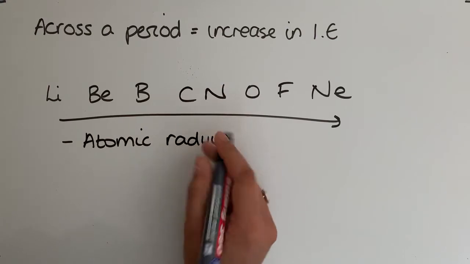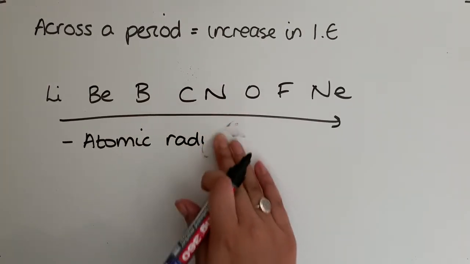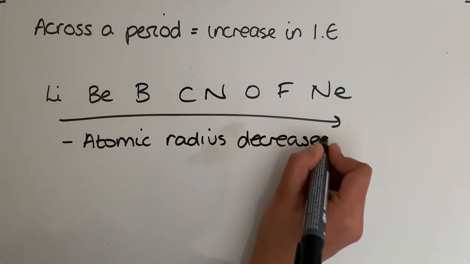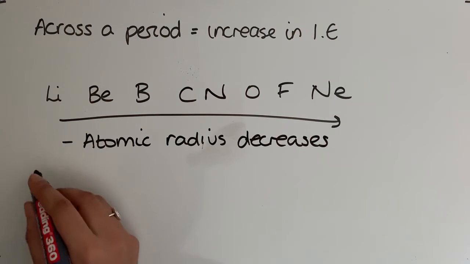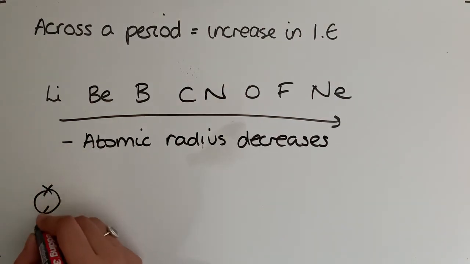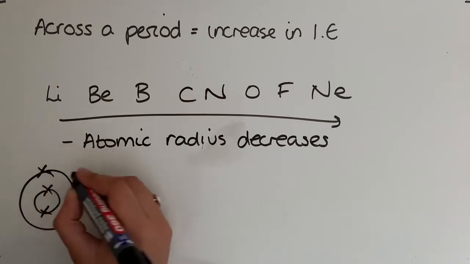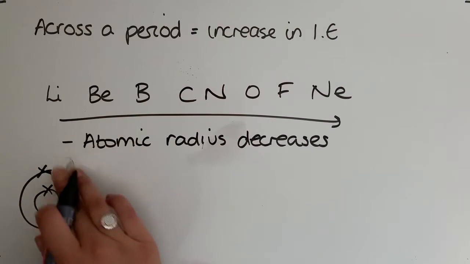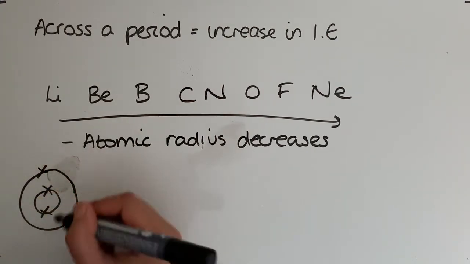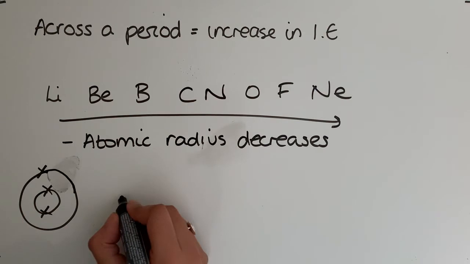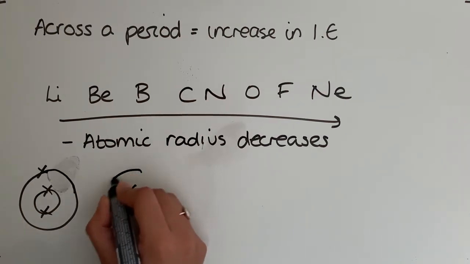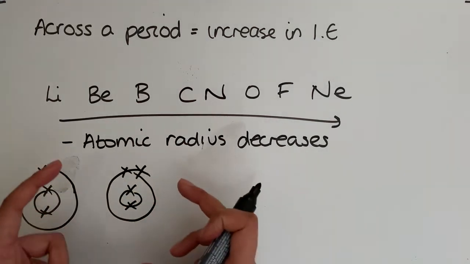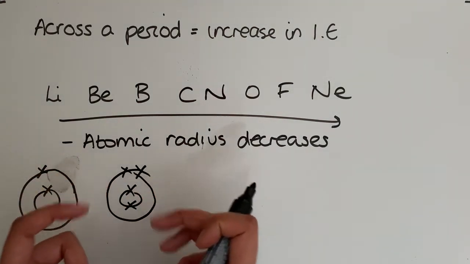And the reason being, lithium just has 3 electrons. When you go to beryllium, which has 4 electrons, because you now have an extra electron, that second shell gets pulled closer towards the nucleus.